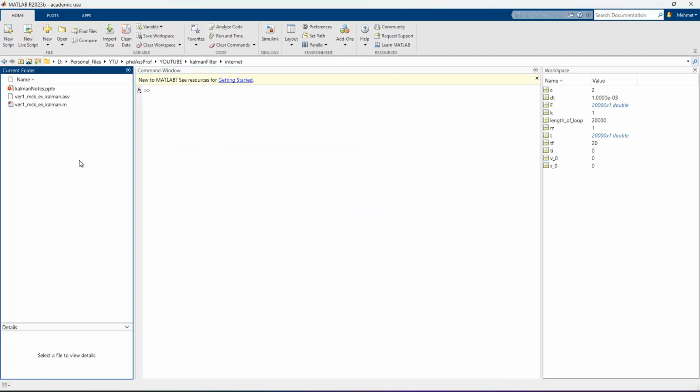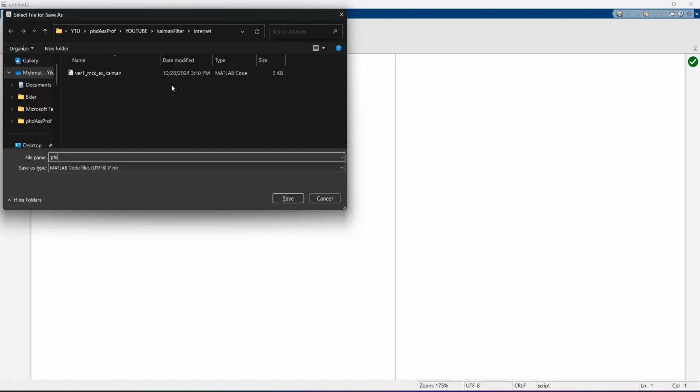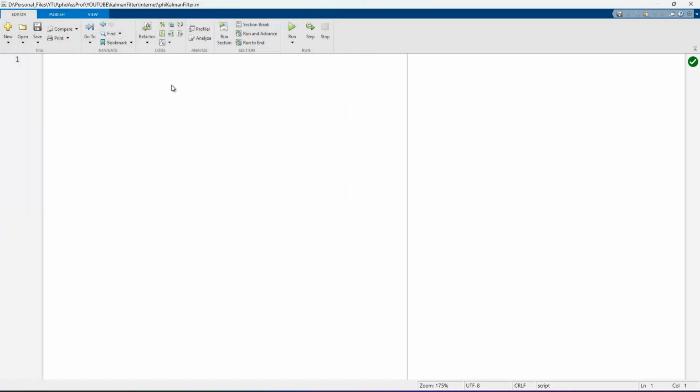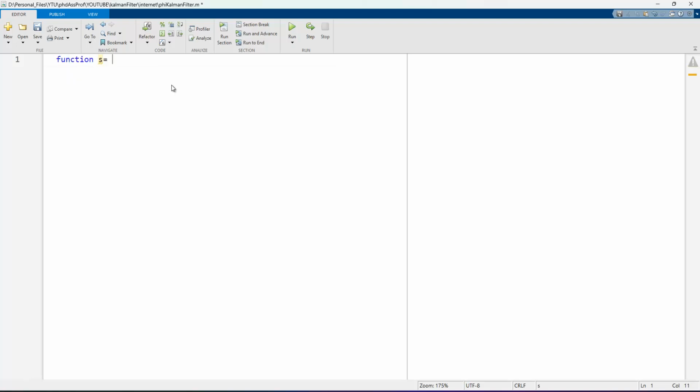So how can we define the Phi Kalman filter? This is the main algorithm. Okay, the function should return the S, the Phi Kalman filter, right? And so it takes the S and U values in here.